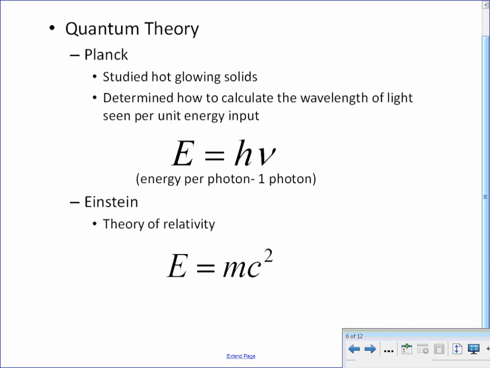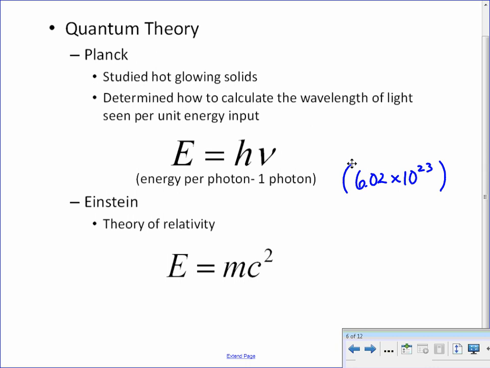If you were going to get a mole of photons, of course, you would have to multiply that by Avogadro's very famous number. And then, of course, Einstein with his theory of relativity saying that energy is equal to mass times the speed of light squared. So mass and energy are directly related if they're going extremely fast.